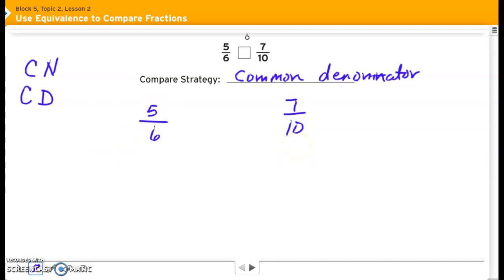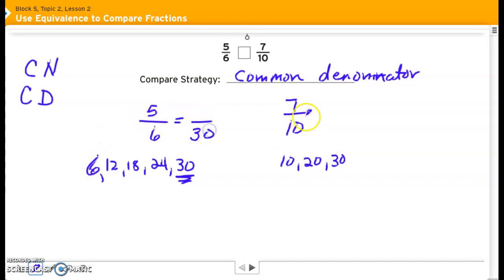We stop and think about what the multiples of 6 are: 6, 12, 18, 24. None of those are multiples of 10. And then we get to 30. I know that 30 is a multiple of 10: 10, 20, 30. So we want to change these so that they have a common denominator of 30.